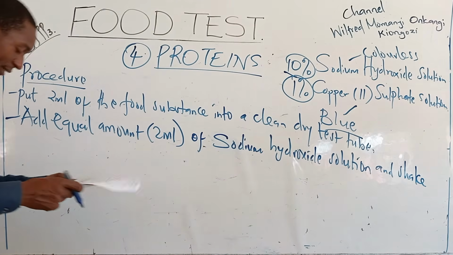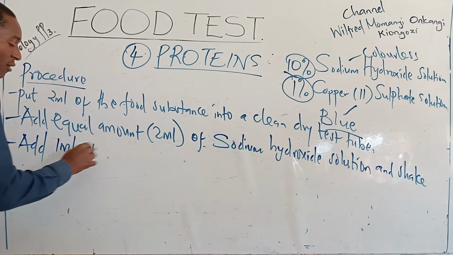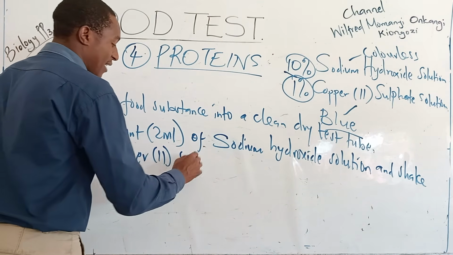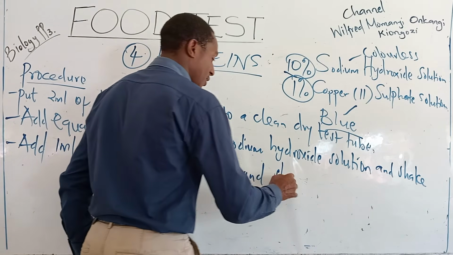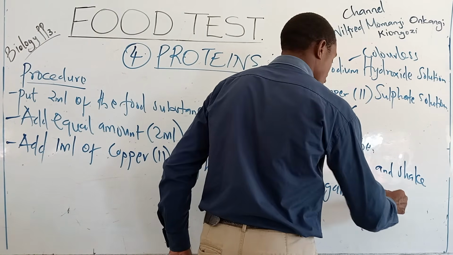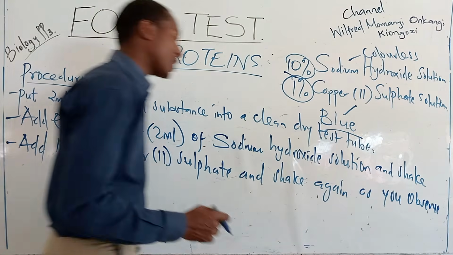As you shake, after shaking, you add again into the mixture. Now this is copper 2 sulfate. Add 1 ml of copper 2 sulfate and shake again. Shake again as you observe the color changes.